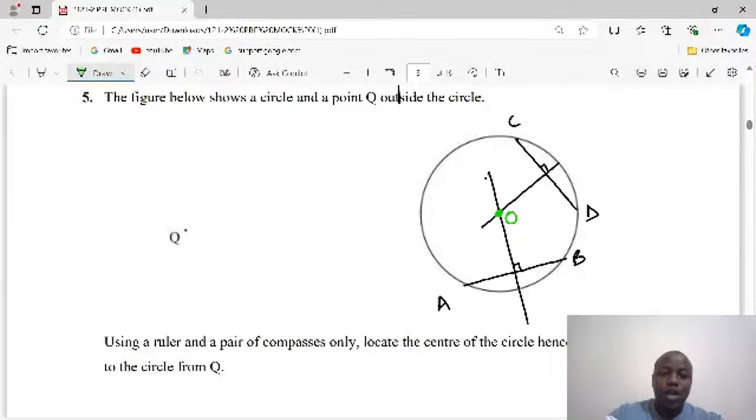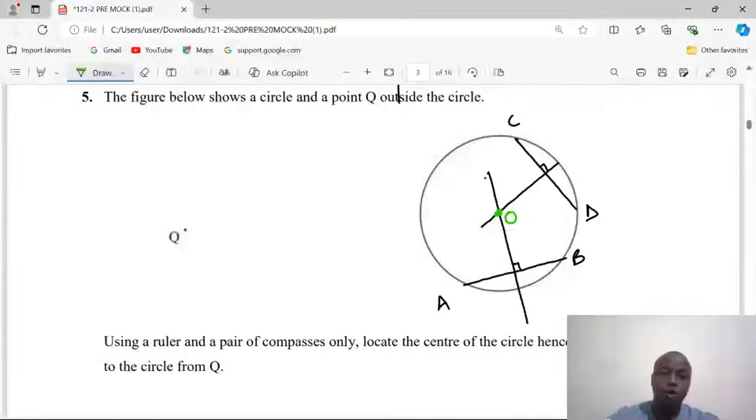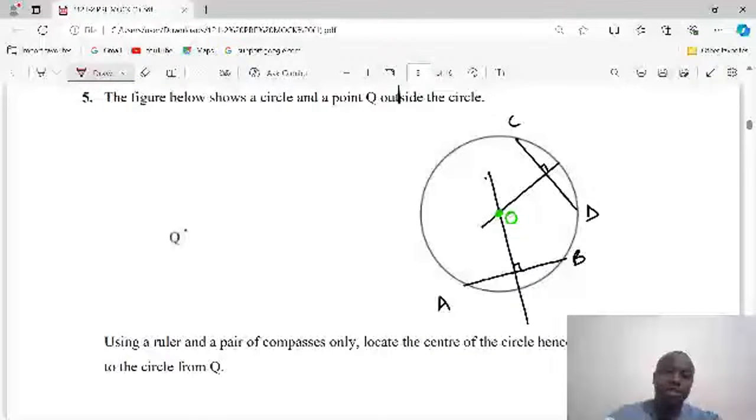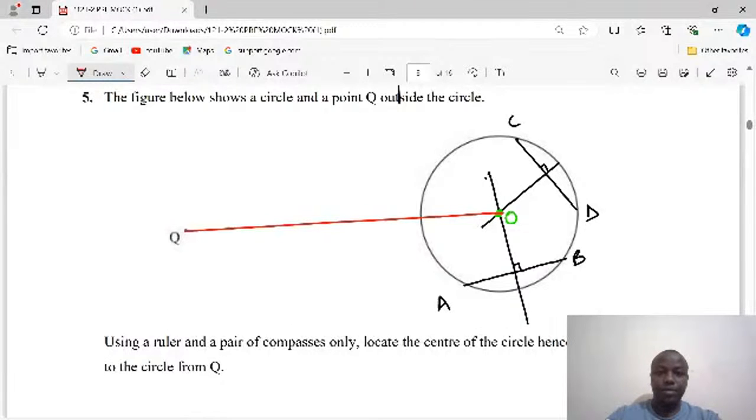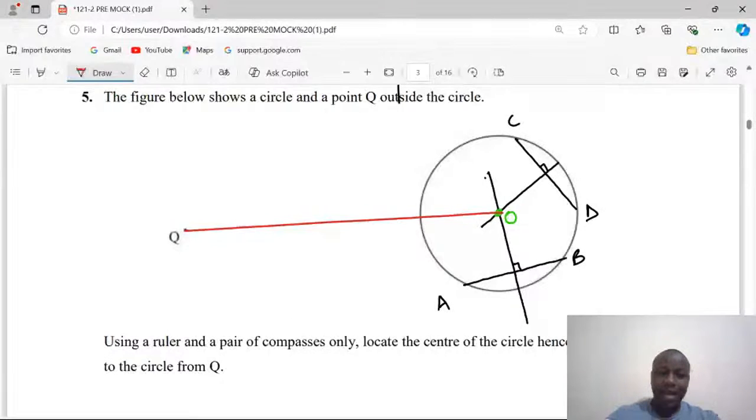In the process of constructing the tangent to this circle from point Q, we first of all join the center O to point Q. Then after joining center O to Q, we bisect perpendicularly, of course, so that we may identify the center of OQ.